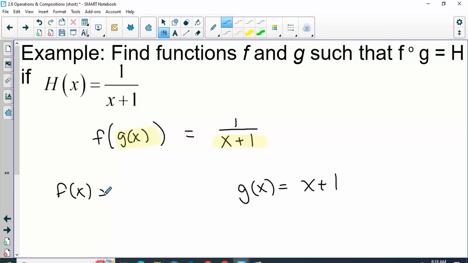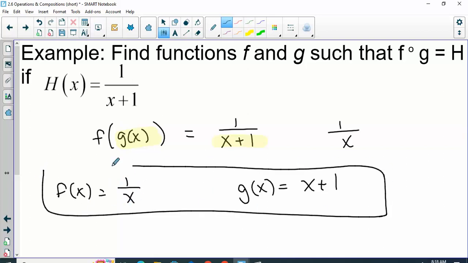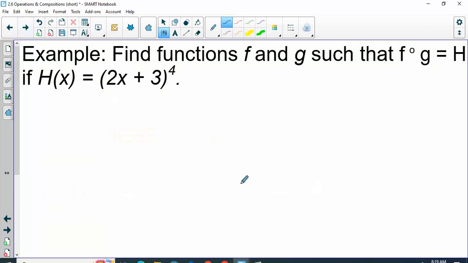So for f, we have to think if we're undoing this function, if I take that out, so that whole thing gets switched back to an x, so f is just 1 over x. That one okay? You guys try the next one.